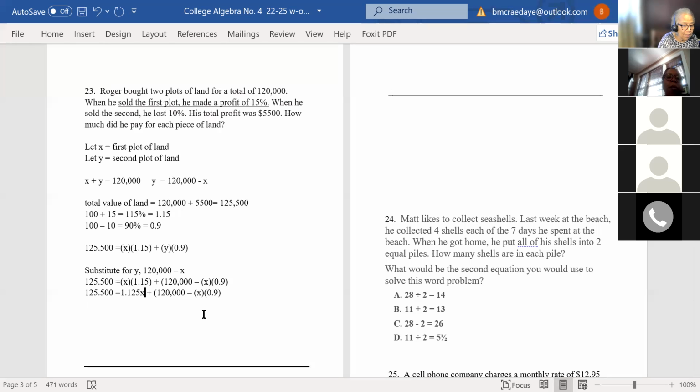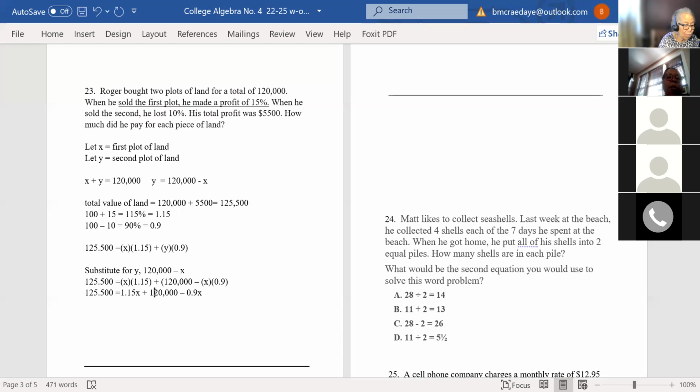What's 120,000 minus x times 0.90? That would be 0.9x.